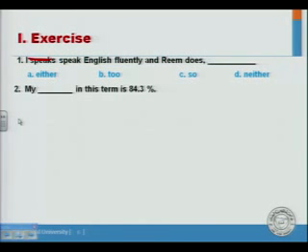These four words mean the same, but the difference is in the situation when to use either, too, so, and neither. Since the sentence is positive and not negative, we can use just too, because too comes at the end of a positive sentence. So the answer here is too.